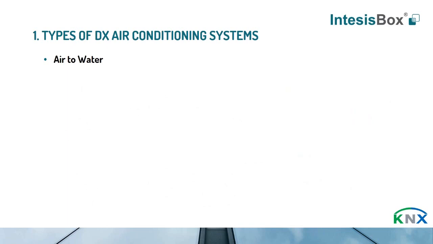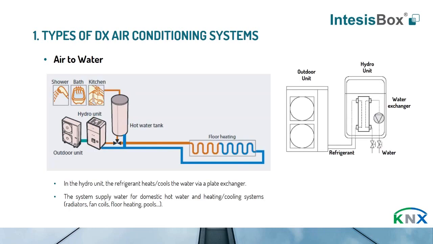So to finalize the different types of air conditioning systems, we have the air-to-water. The air-to-water combines the direct refrigerant philosophy, but also the water systems philosophy. So we have mainly two units.